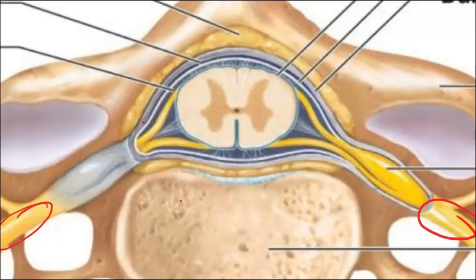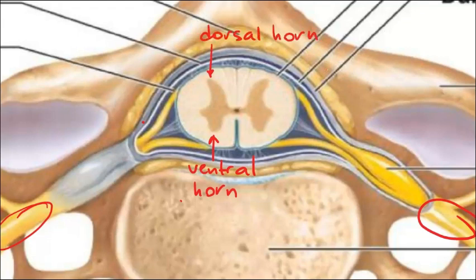I'm going to talk about just one side. The other side has exactly the same arrangement. So the gray matter has three horns. This is the ventral or the anterior horn. This is the dorsal or the posterior horn. And this is the lateral horn.